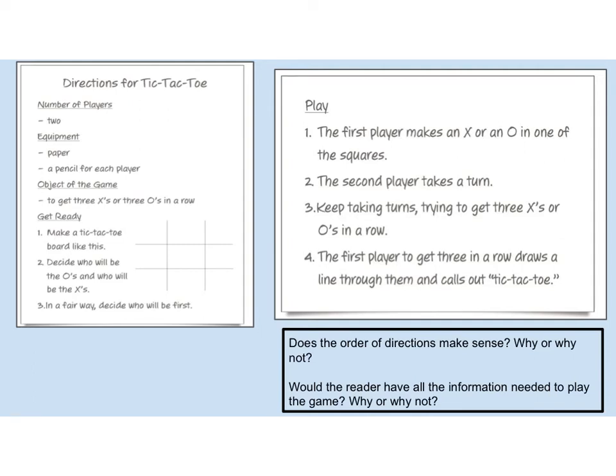So it tells us the number of players, what equipment we need, what is the object of the game, how to get ready by making an actual tic-tac-toe board, and deciding who's first. Then the most important part, it tells you how to play the game.